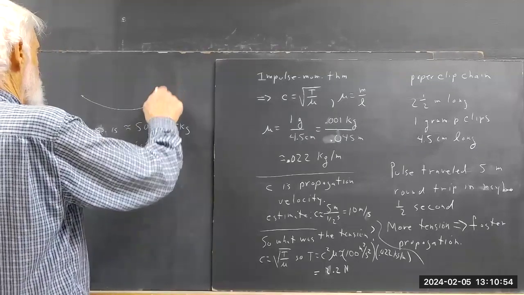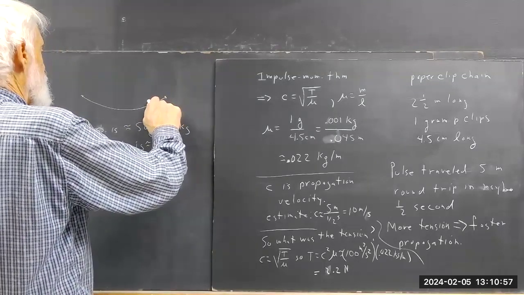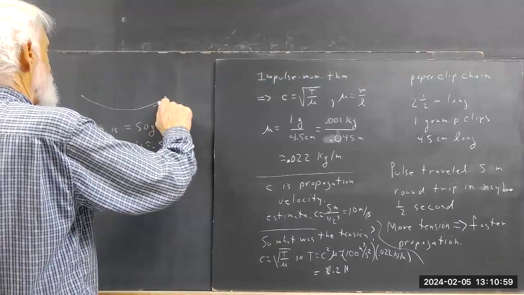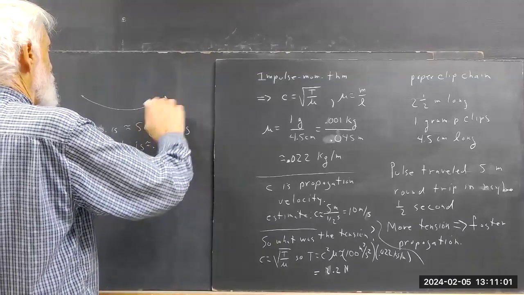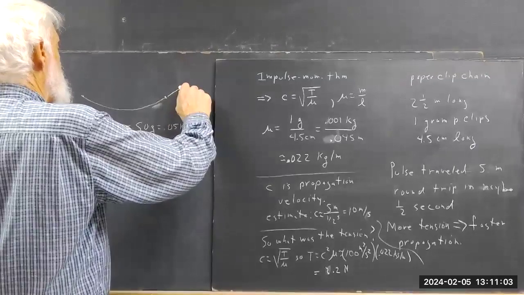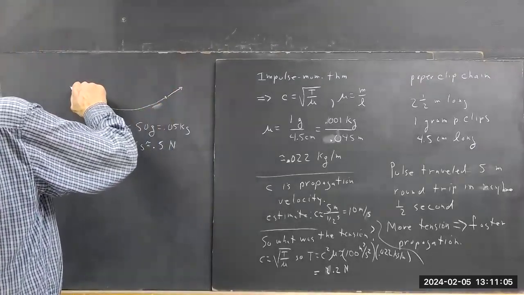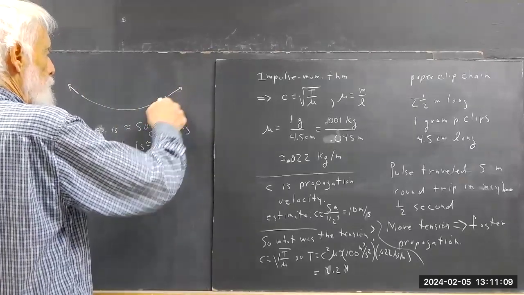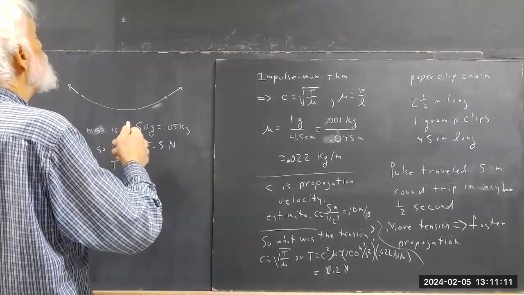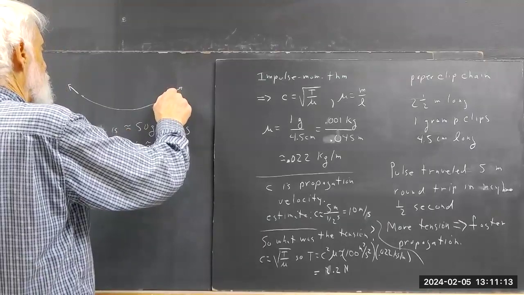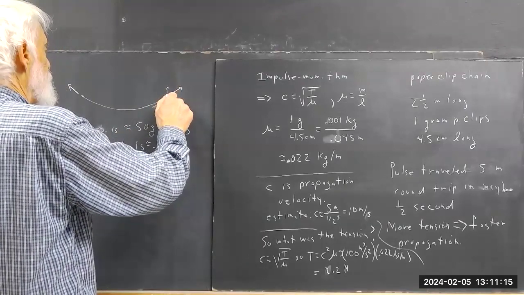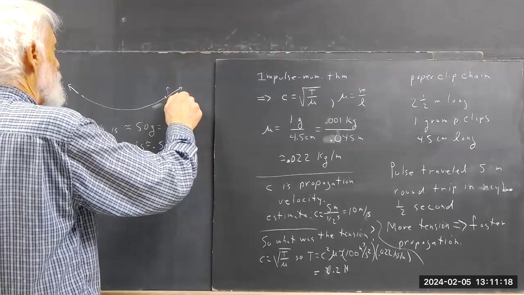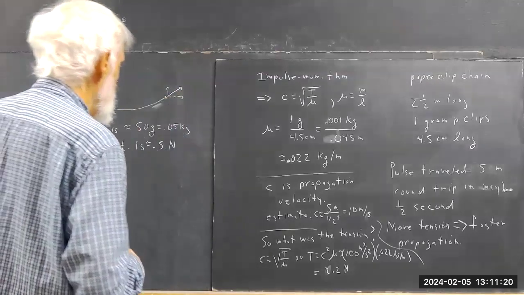The vertical component of the tension here, well, the force we need here, which would be equal and opposite to the tension, is going to have a vertical component and a horizontal component.